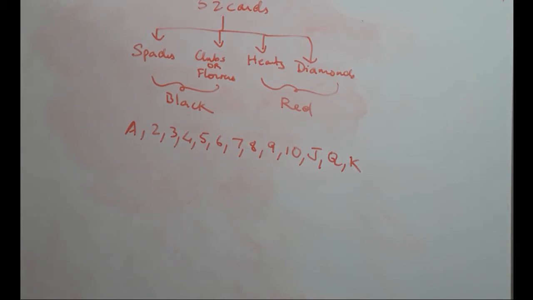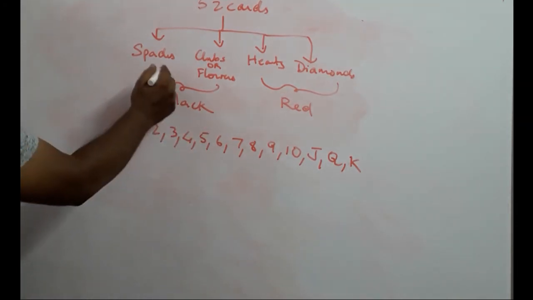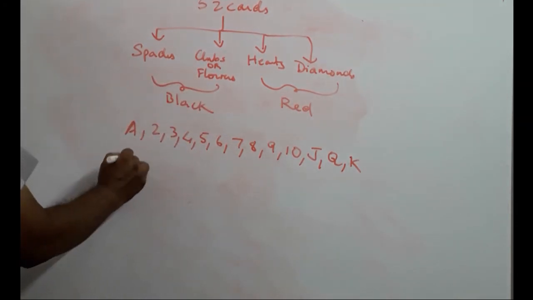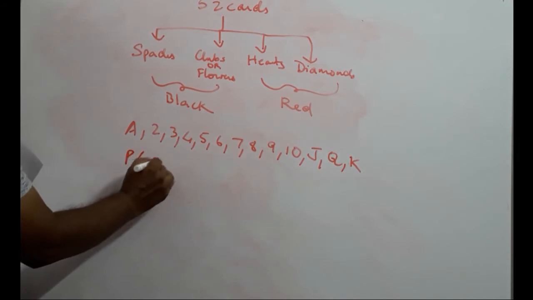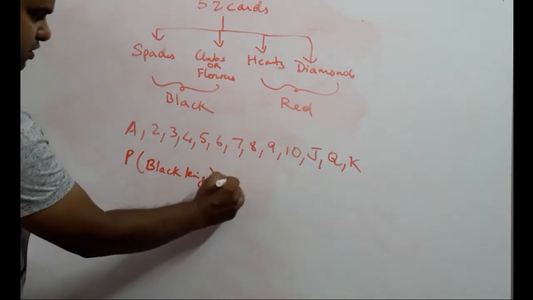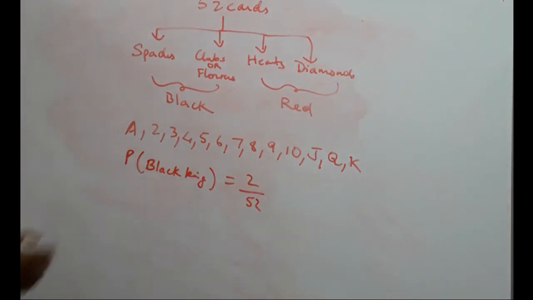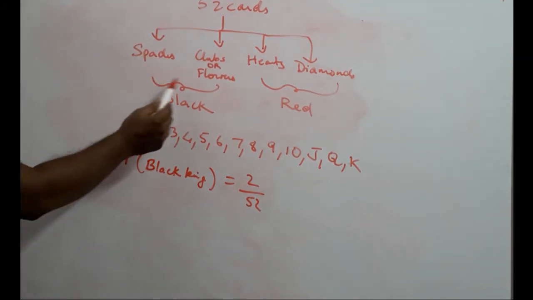So, now coming to our actual question, what does it say? It asked, what is the probability of getting a black king? There are only 2 different types of cards which are black in color, and hence there will be only 2 kings. So probability of getting a black king is 2 upon 52.